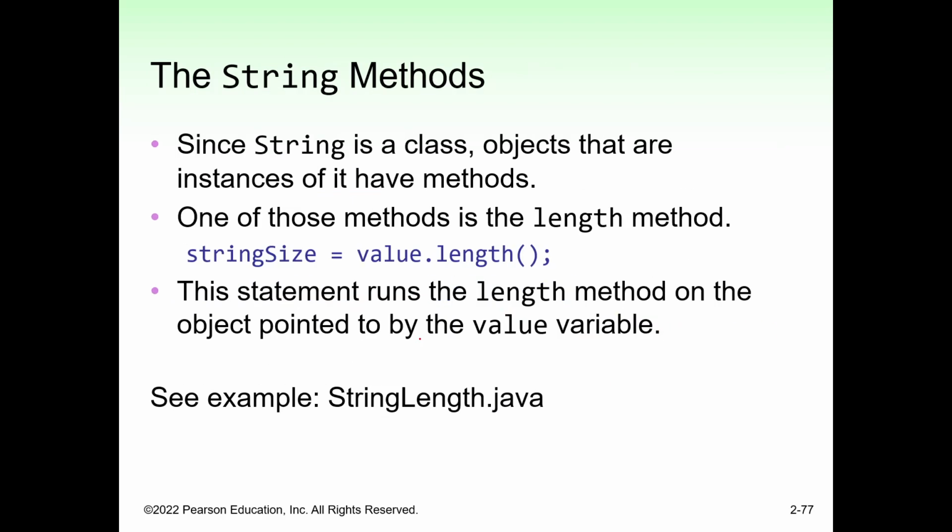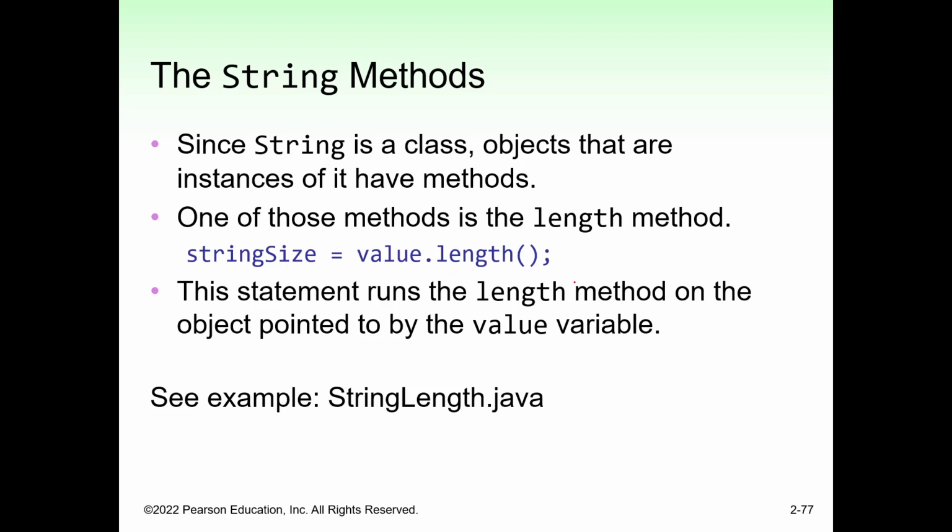So since our string is actually an object, is actually a class, all of the instances of String will have their own methods. And in this case, the String class provides you with the method called length.